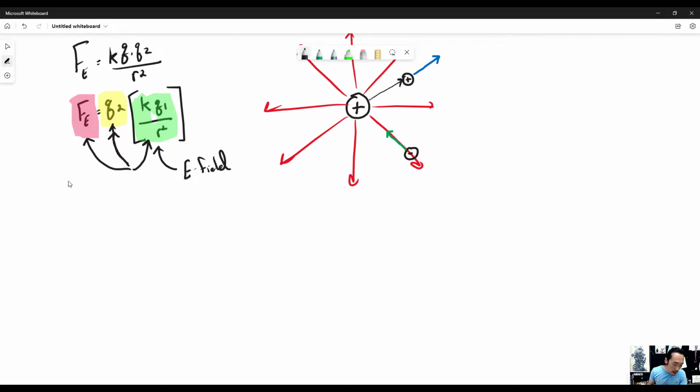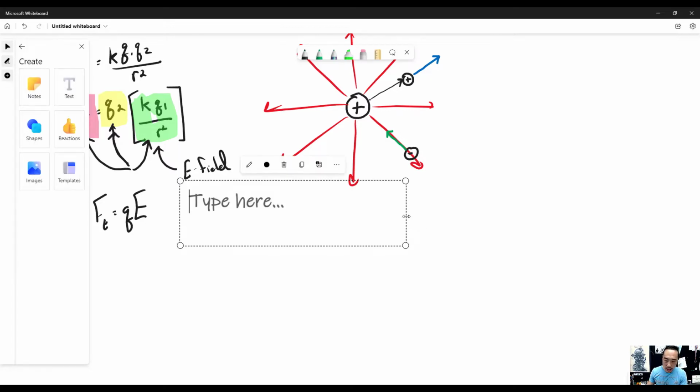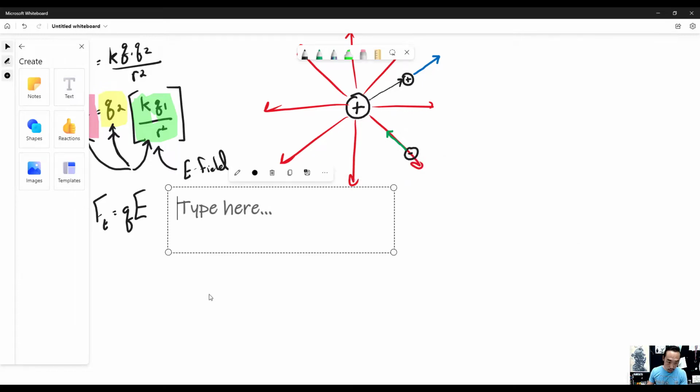So for the formula for a charge feeling an electric force, all we have to do is multiply by the E field. What I'm going to do here is write a little statement, because understanding what the formula represents is just as important as the formula itself.